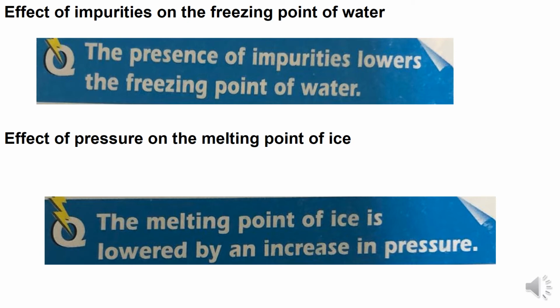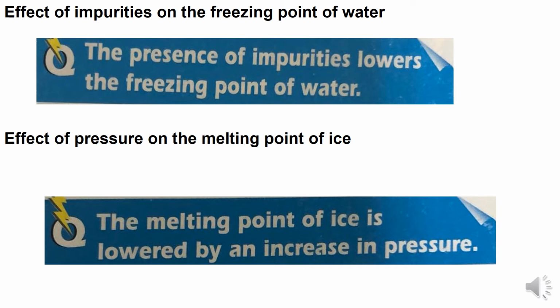But when you remove the force, the pressure decreases again, so it changes back to ice. Also, walking on snow is difficult because of this pressure effect, which lowers the melting point of ice.